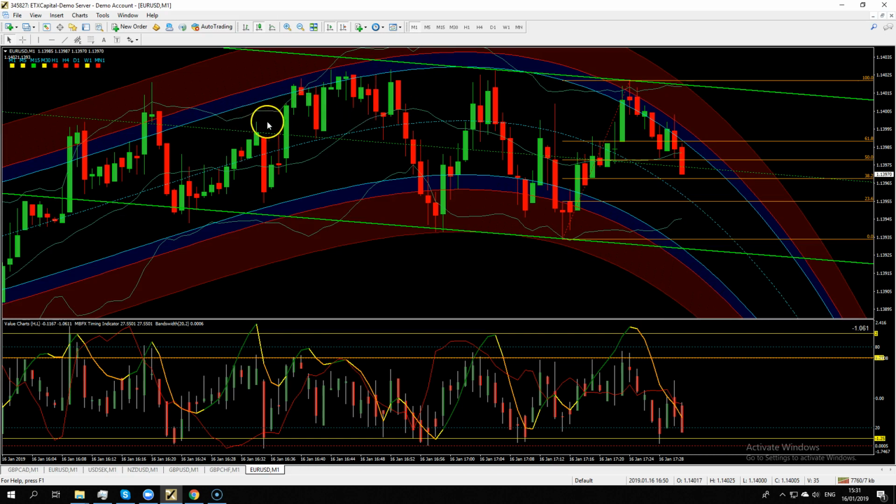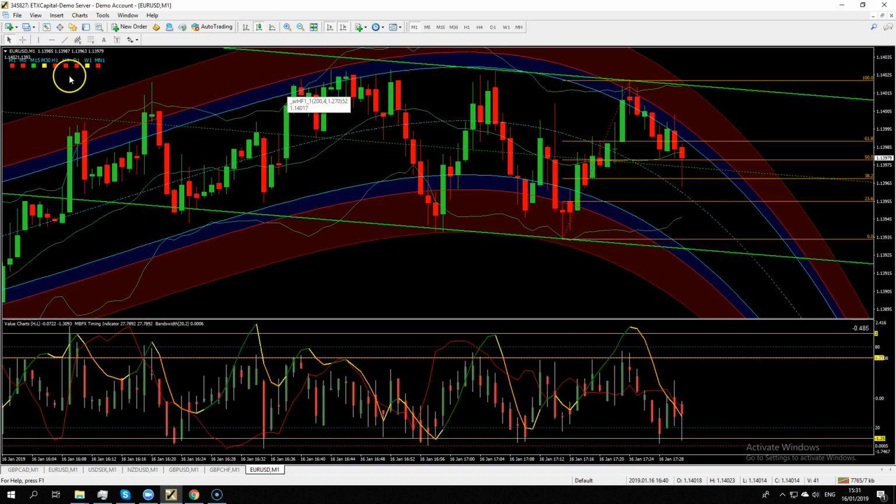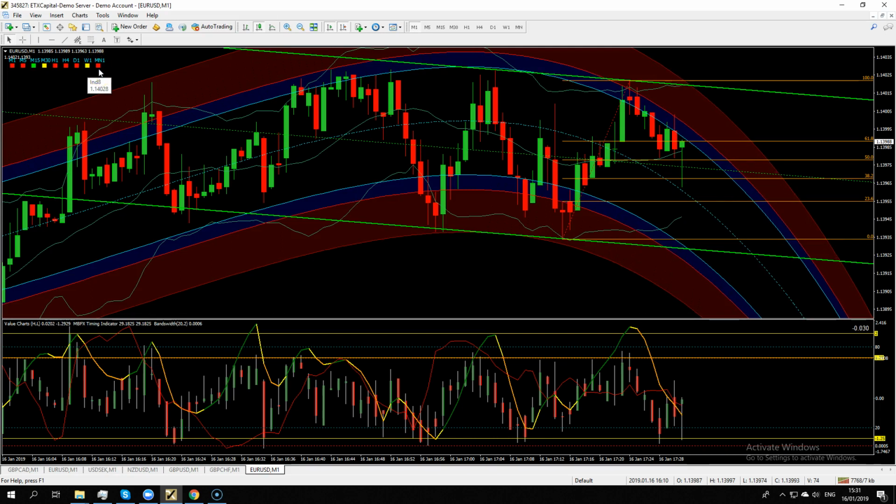Roughly from here to here is a 1 hour period, and you can see that it started high and is now finishing lower. So we have a red, and the same for 4 hour, the 1 day. Over the week, price has been doing very little, more or less going sideways, and over the month, the euro has gone down against the dollar.